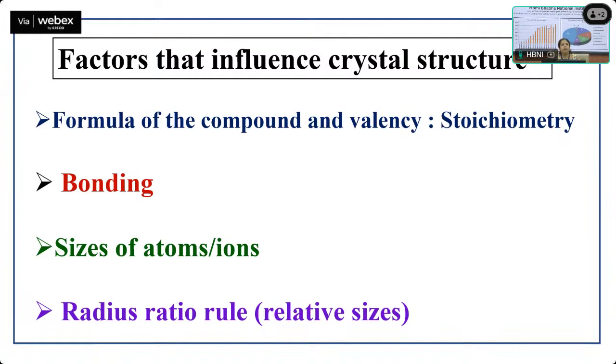So these are some factors, and many times when you explain what kind of structure is adopted, you use all of these or many of these criteria to explain why this has happened, and then use that to predict the structure for compounds that are unknown or you have come across for the first time.